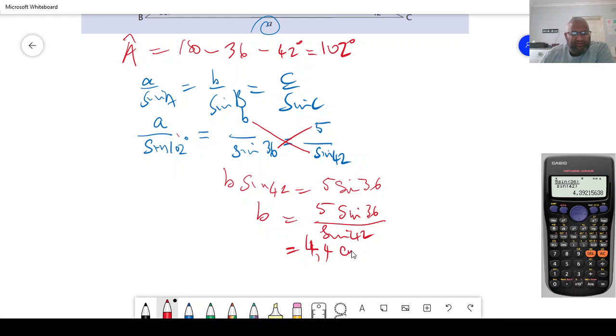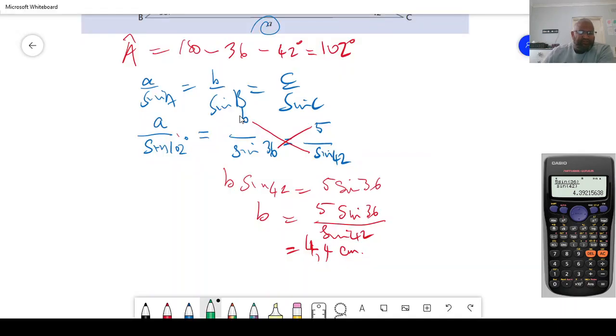centimeters. Otherwise, on the other side we're going to use a over sine 102 is equal to 5 over sine 42. I could have also said that a over sine 102 is equal to b over sine 36, and I got b to be 4.4, so you could have put 4.4 in there as well.